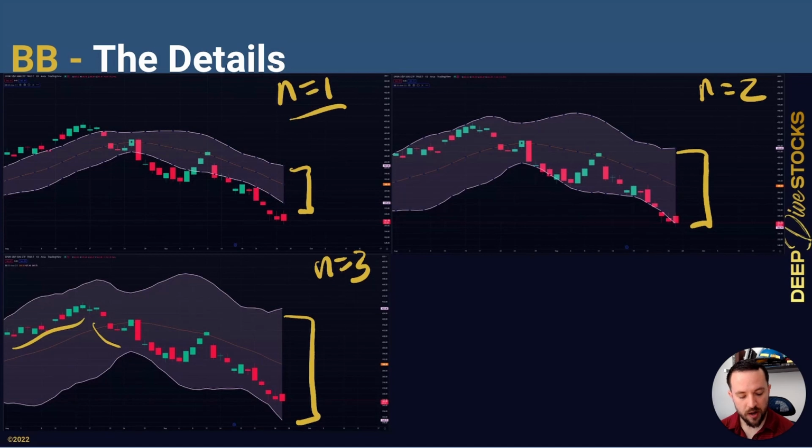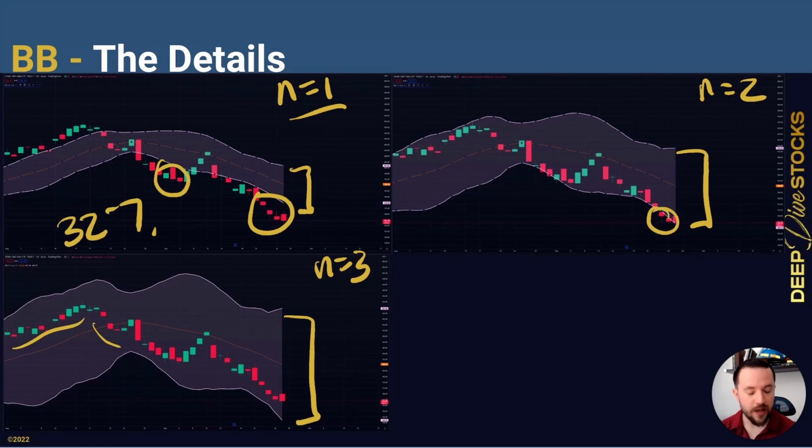Because when n equals 1, we get a lot of the price movement outside of these bands because these price movements are 32% likely. Whereas if we set n equal to 2, we don't really get that much price movement outside of these bands because the price movement is only 5% likely to move beyond those bands because n equals 2 is 95% coverage.